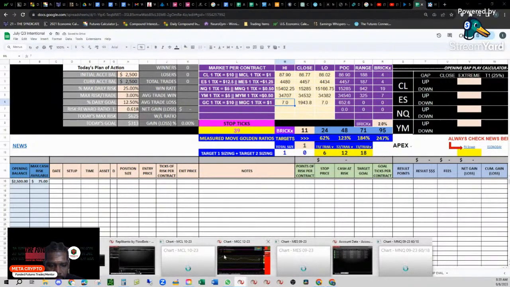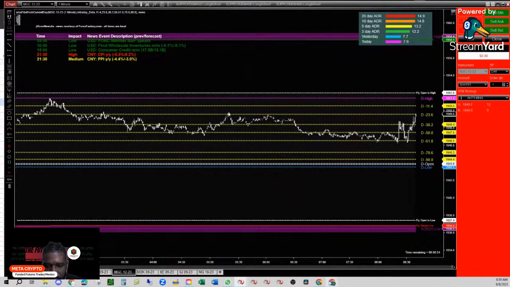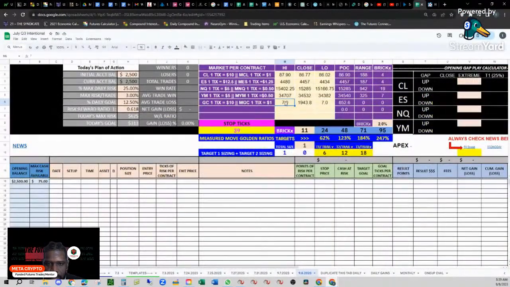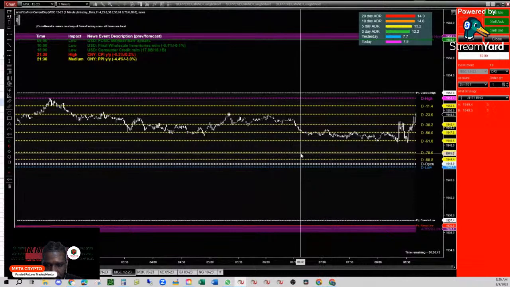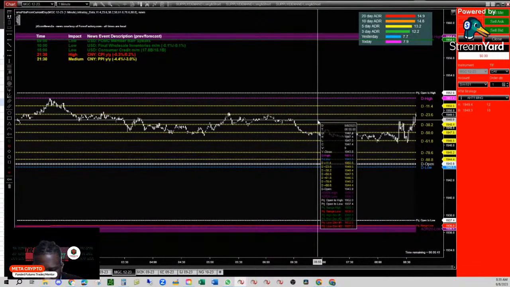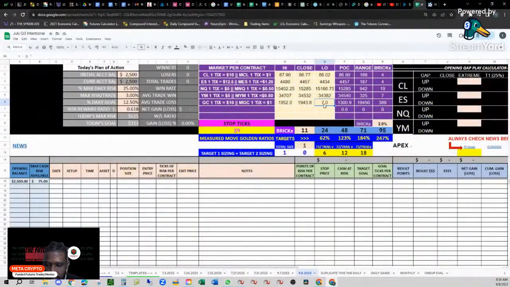Go back to get the projection open high, 1952.0. Projection open to low is 1937.4. All right, and it says I should be on a 3 brick for gold.